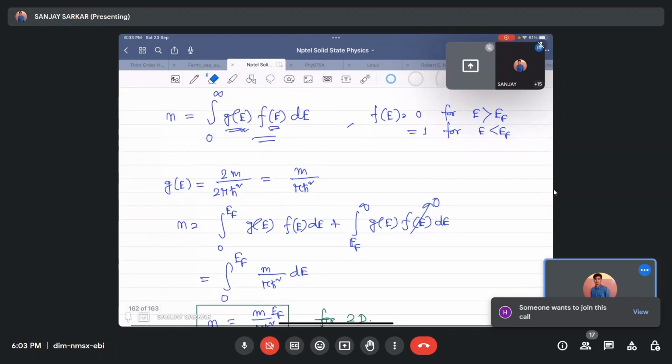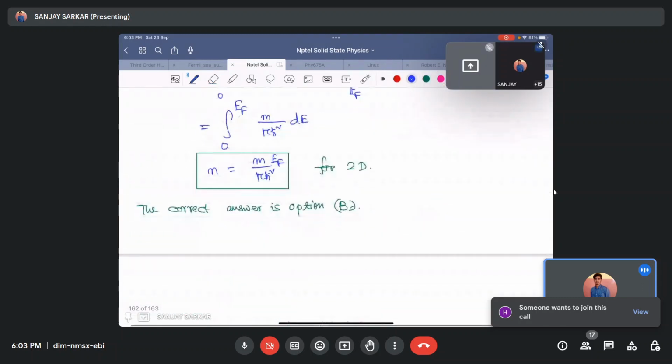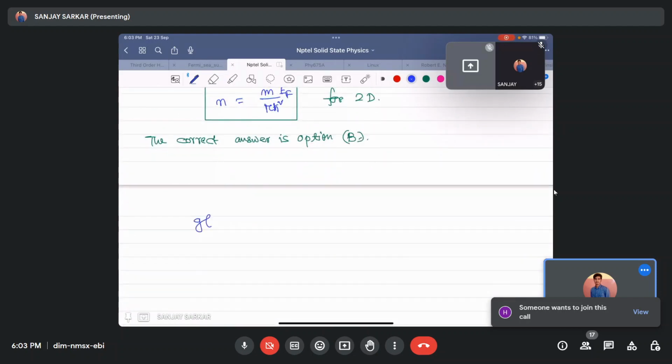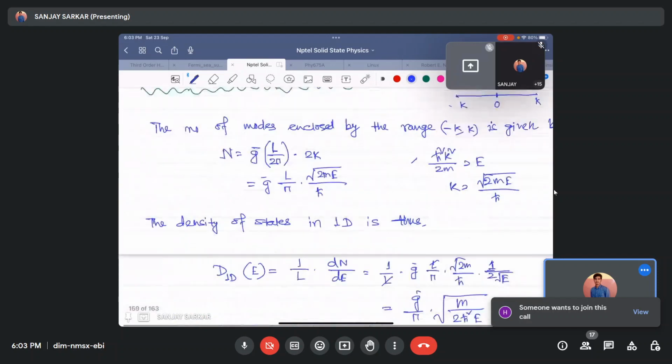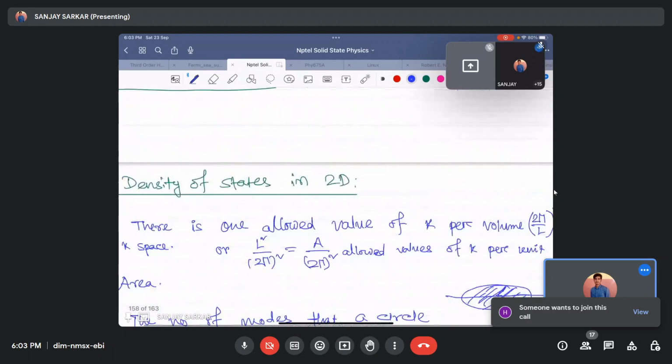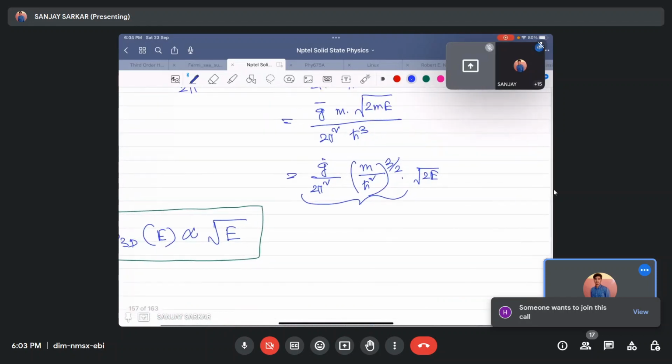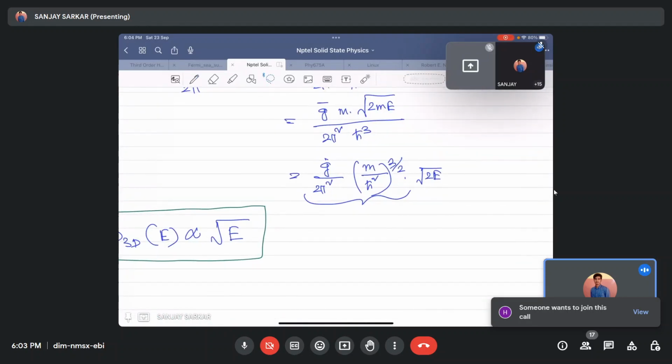So for 3D, that form is already known, so G is given. So this is the formula for 3D, and I'm just going to copy this.